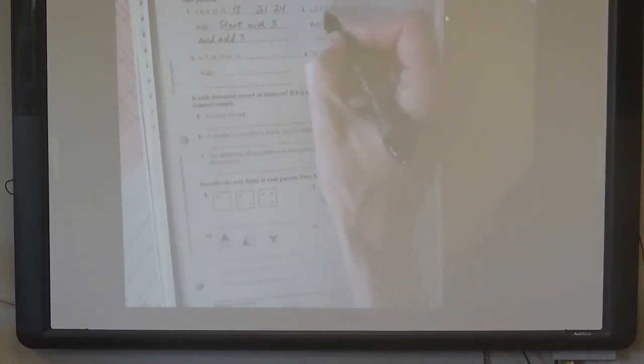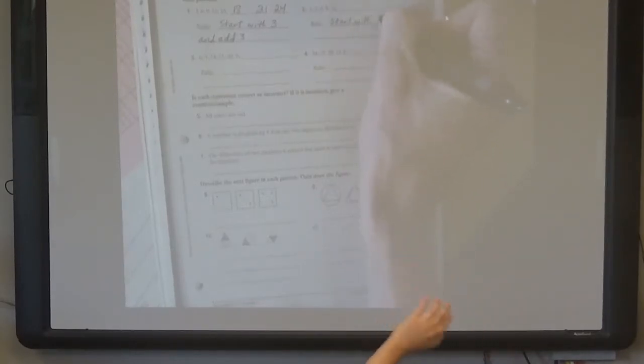So this is what I did. I did 1 plus 1 equals 2, 2 plus 2 equals 4, 4 plus 4 equals 8, 8 plus 8 was 16, 16 plus 16 equals 32, 32 plus 32 equals 64, and then 64 plus 64. Okay.